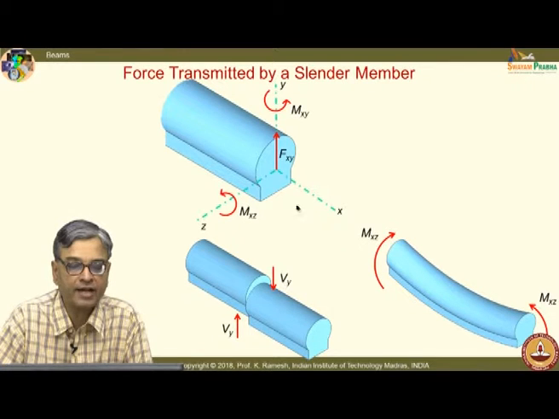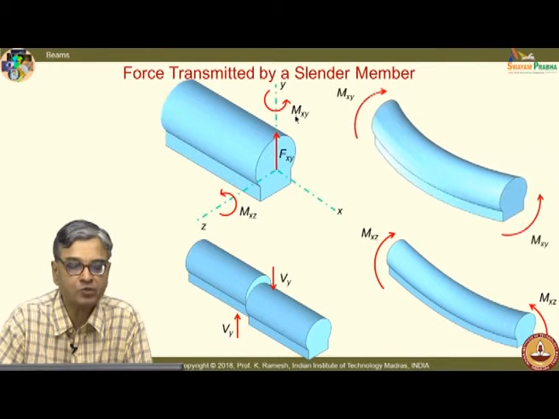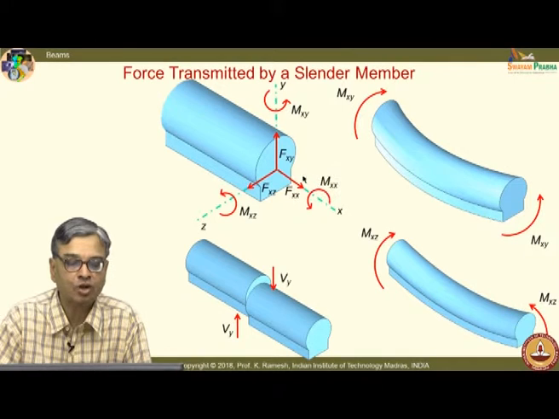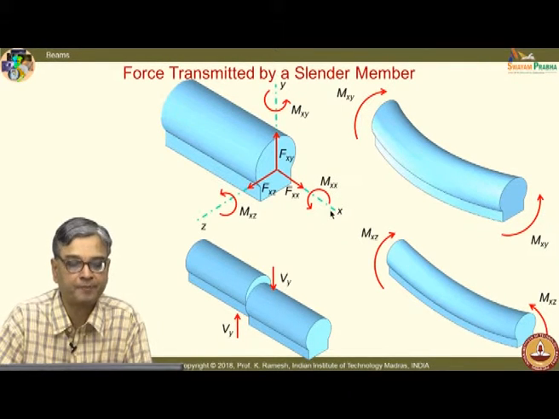It can also have a bending moment Mxz, so it would bend in the plane xz like this, and you can also have a shear in the z direction. No sketch is separately shown for this. You also have an axial force and you have a twisting moment.